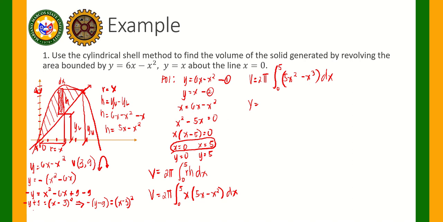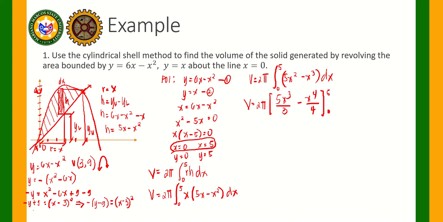So yung v natin is equal to 2 pi. What is the integral of 5x squared minus x cubed dx? So, that is equal to 5x cubed over 3 minus x raised to 4 over 4, limits from 0 to 5.